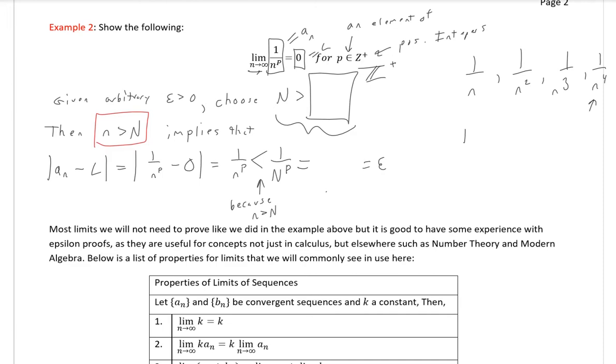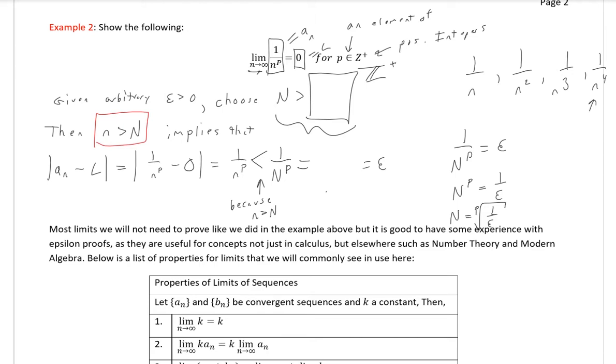So we really want 1 over capital N to the p equals epsilon, and if we want to solve for N, we can flip both sides to get N to the p equals 1 over epsilon. And then you get N by itself by taking 1 over epsilon to the pth root, or the 1 over p power.